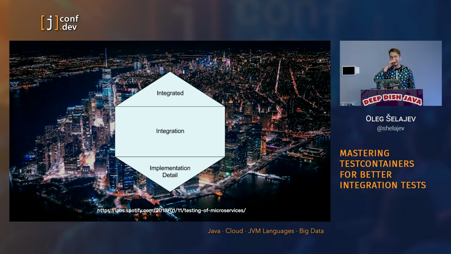So people, and this is the image taken from Spotify's engineering blog about how they test their systems, and they have thousands of microservices in play. They say that they have fewer implementation detail tests, and the bulk of their test suites are integration tests, where they will run their services in ephemeral, specifically crafted environments, but they will work with real technologies.